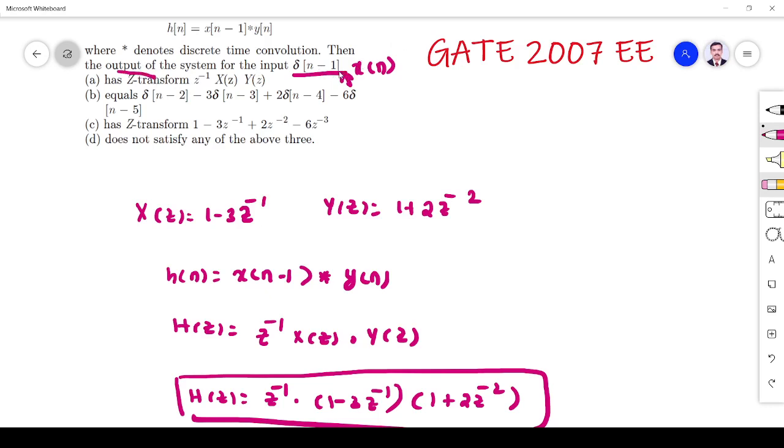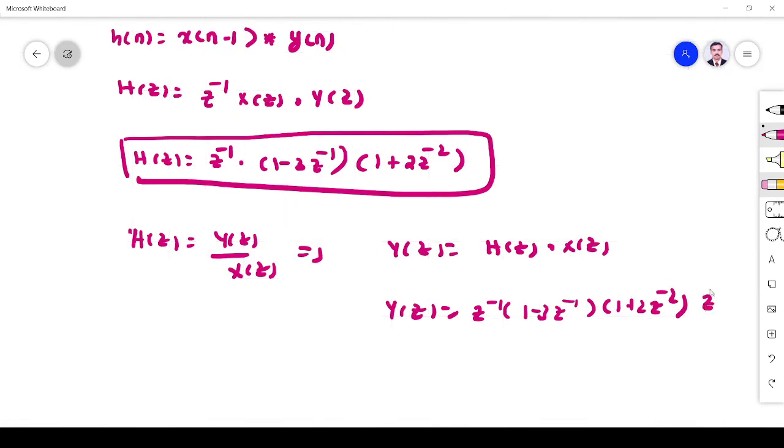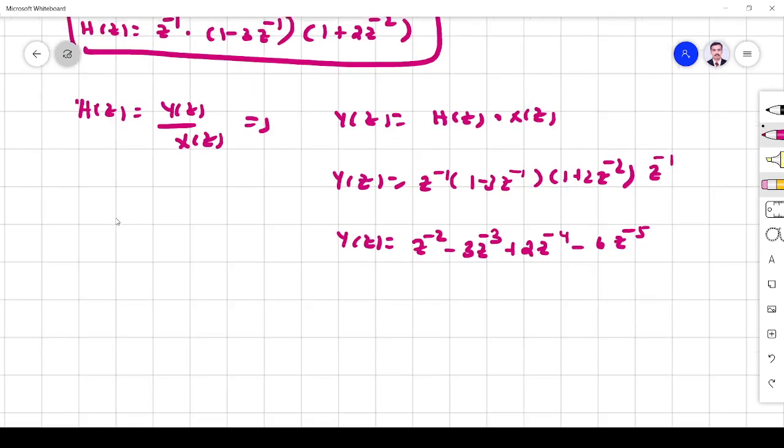X(z) is nothing but z^-1, simply, for δ[n-1] the transform is z^-1. If I multiply this, the ultimate answer is 2z^-4 - 6z^-5 and so on.